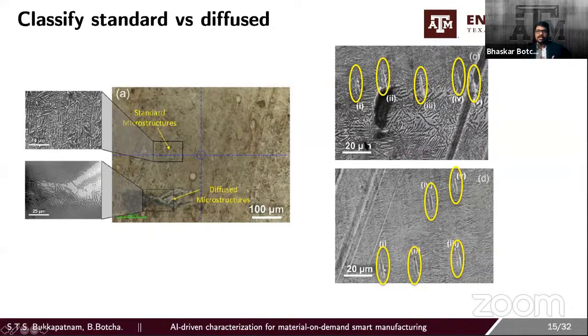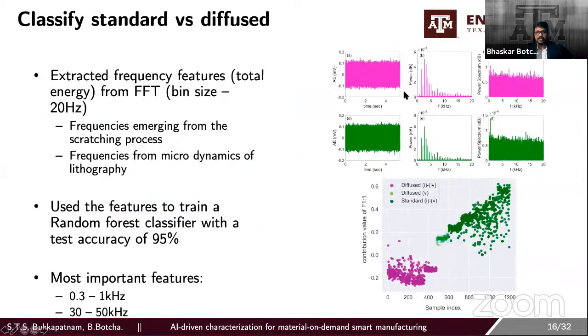So we are trying to train a machine learning model and see if these two actually stand apart, and by just doing this experiment, discern the properties of the microstructure. These are the signals from the standard and diffused microstructure, and what we did is take a fast Fourier transform.